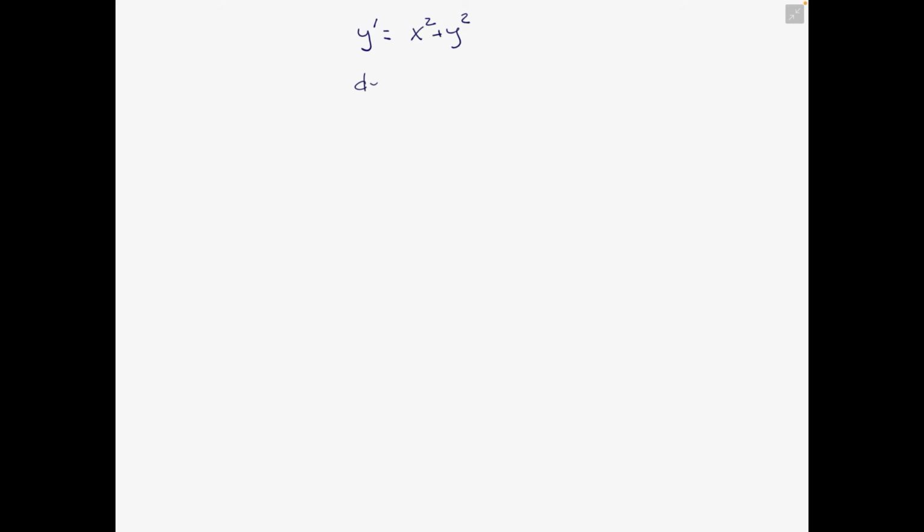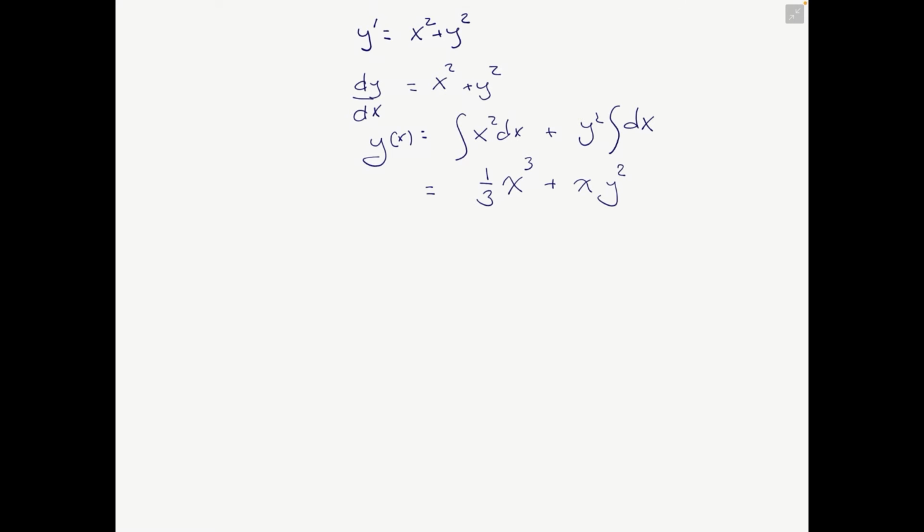If we have dy/dx equals x squared plus y squared, and we have y of x equals the integral of x squared dx, you can see what we have here is a cubic function, plus c.